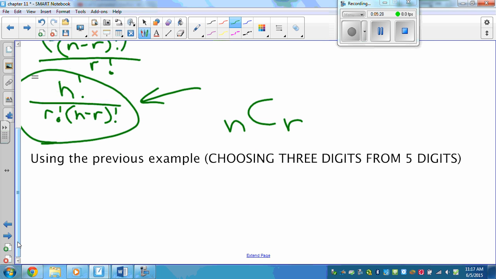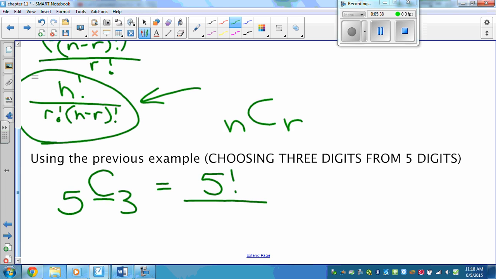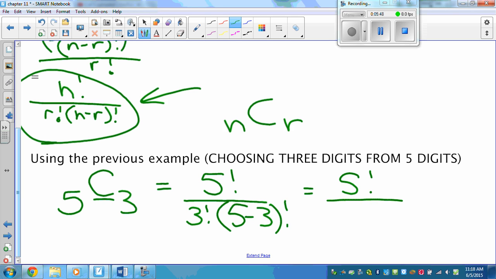So from the previous example, we have 5 objects. How many different ways can we combine 3 of them? Using the formula, it would be 5 factorial over 3 factorial times 5 minus 3 factorial.